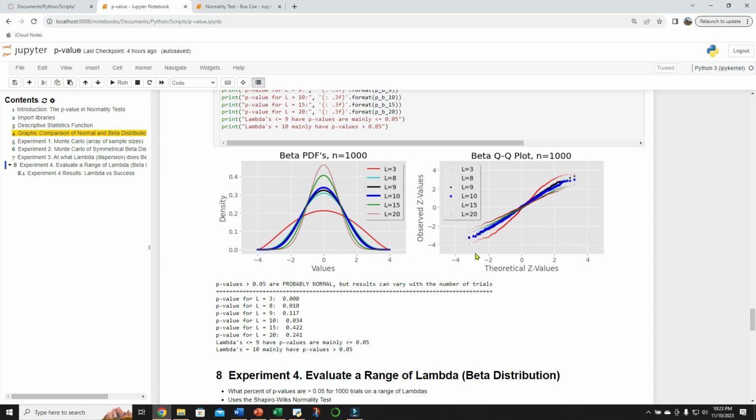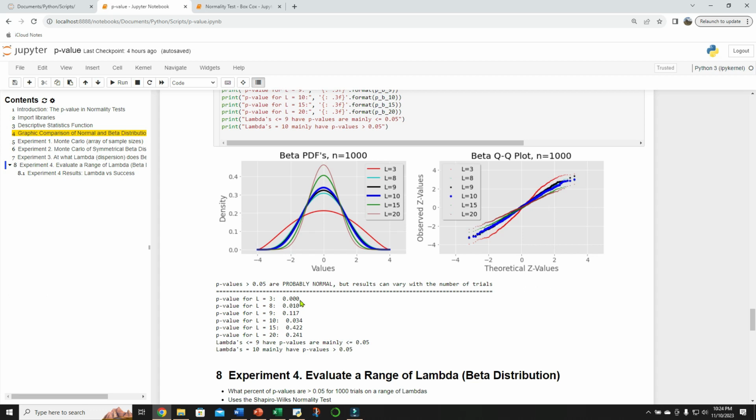If we look at the QQ plot, we see that the blue lines up fairly linearly, and the red, or our lambda of 3, really deviates from that line, as does the 15 and the 20. So let's look at the p-values associated with these lambdas.